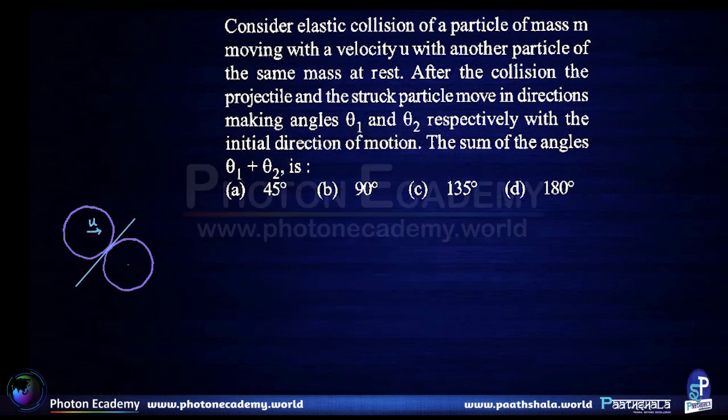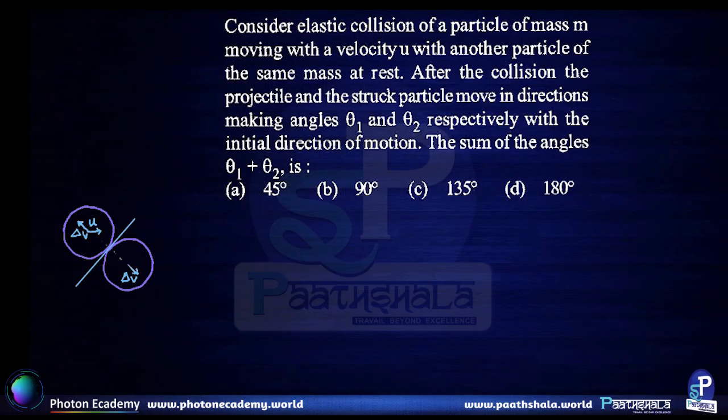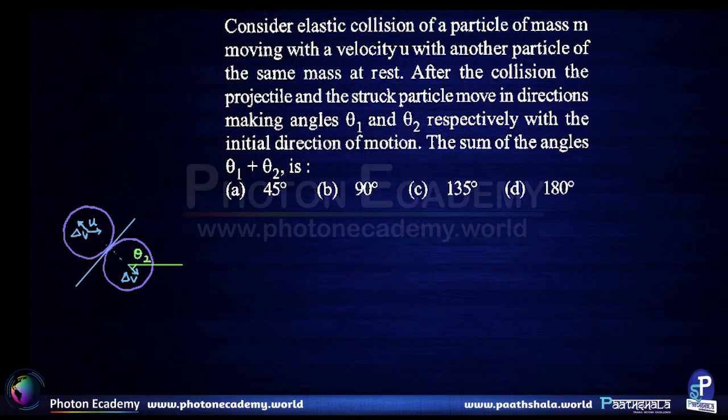Therefore, we have a change in velocity of delta v felt by both the particles in perfectly opposite directions. And since delta v is the only velocity that the second particle has, this angle is equal to θ2, which is the angle of the final velocity of the struck particle with respect to the initial direction of motion of the projectile.